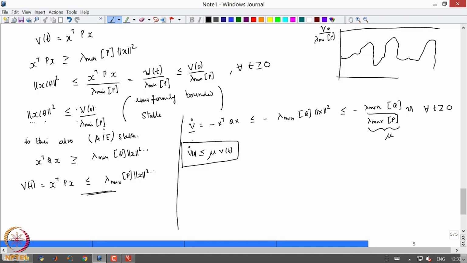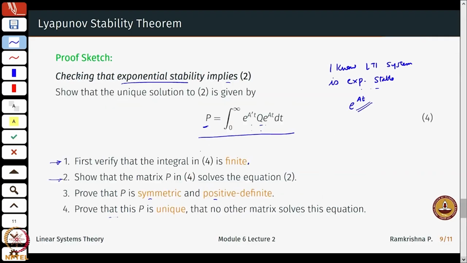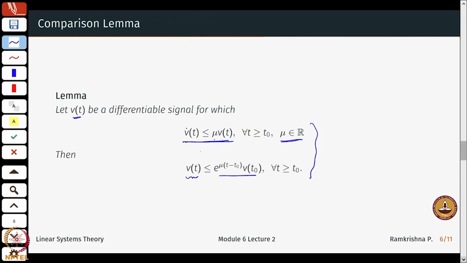Now, there was this thing called the comparison lemma which I stated: whenever V, which is a differentiable function, satisfies V dot less than or equal to mu V, where mu was the ratio of those minimum and maximum eigenvalues of Q and P respectively with a negative sign, then V satisfies something like this.